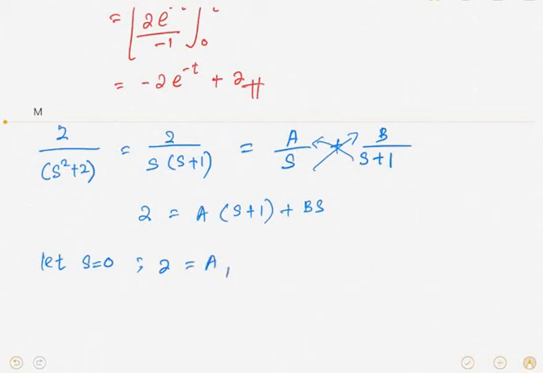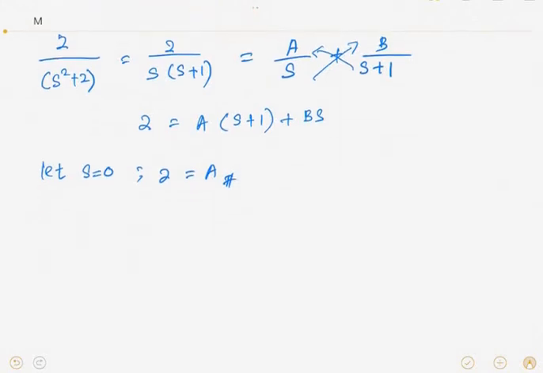A. Okay, what if you assume s equal to negative 1? So you have 2 equal to A times (negative 1 plus 1), so you get 0, and then you have negative B here. So B is equal to negative 2.